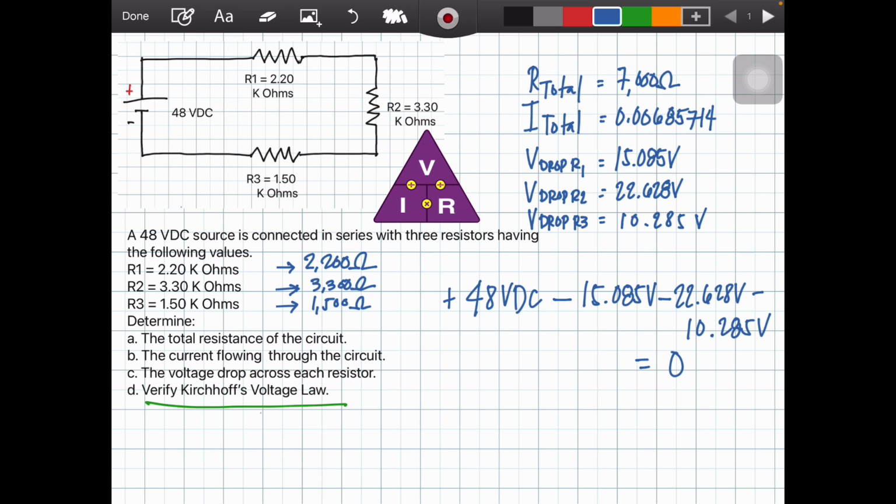Satisfying the equation, the algebraic sum of voltages in a closed loop circuit is equals to 0.